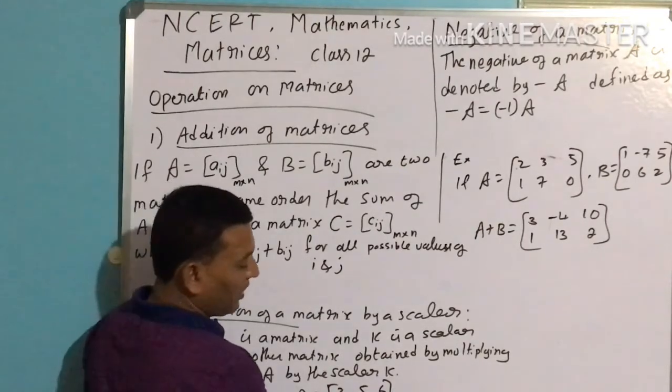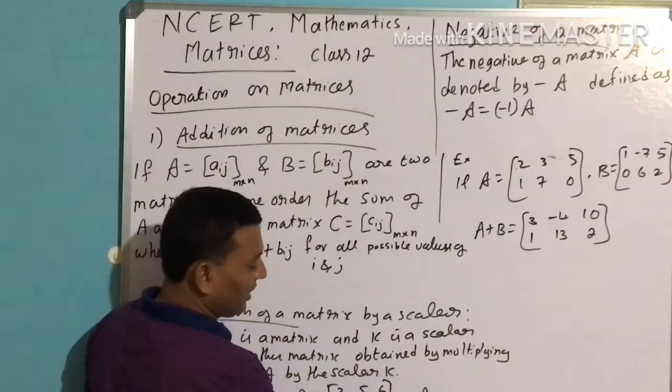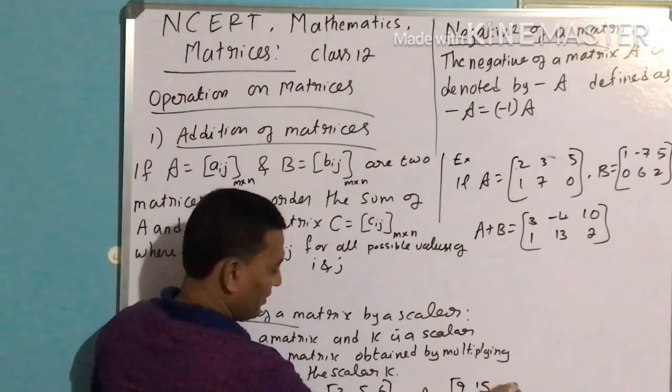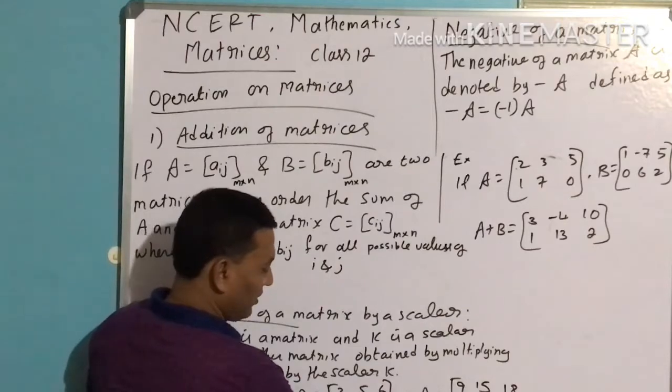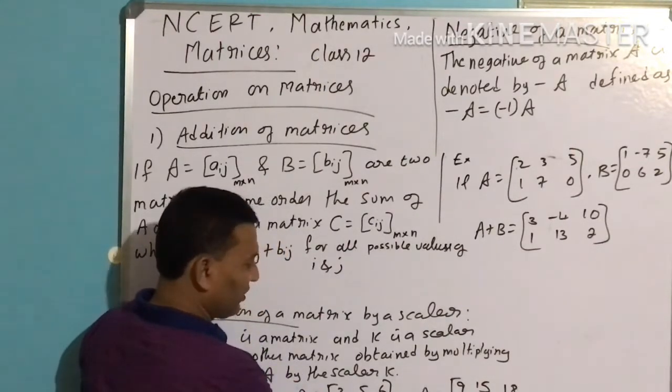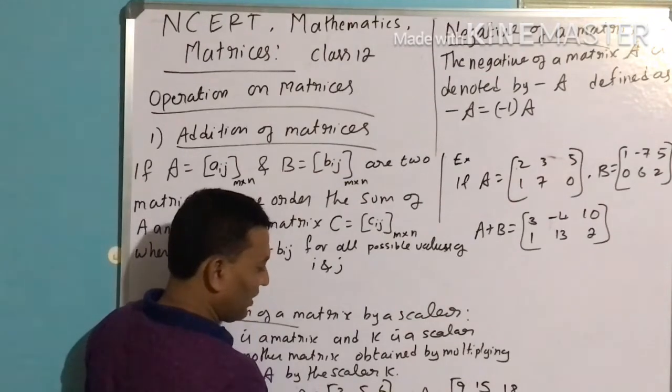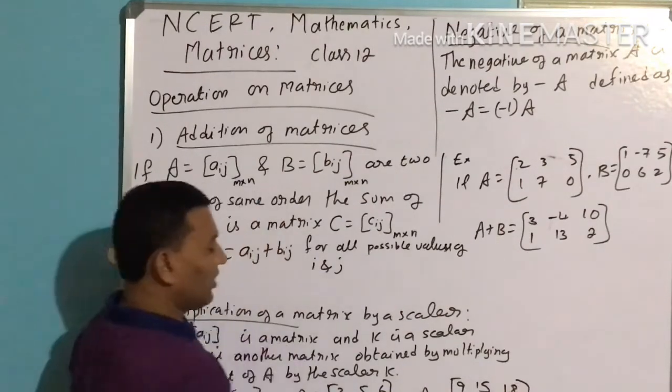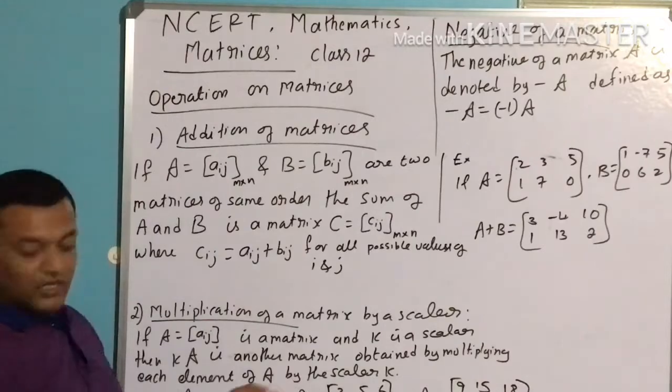Then let 3 be any scalar. 3A will be equal to 3 into 3, 9, 3 into 5, 15, 3 into 6, 18, 3 into 2, 6, 3 into 1, 3, 3 into 0 is 0. This is how we multiply a scalar to a given matrix.